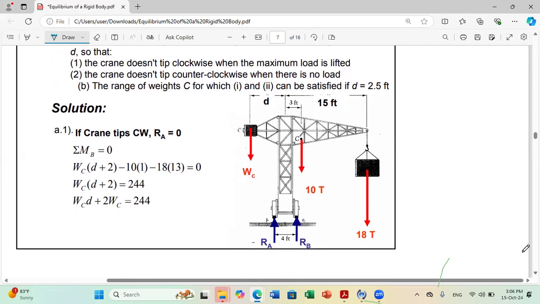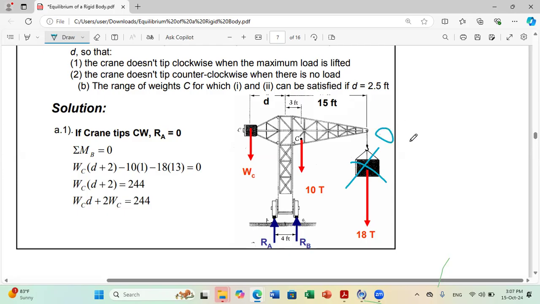You see these structures a lot in order to lift objects. And these structures should be carefully designed. Why? Because you have two extreme conditions. What are the extreme conditions? If I don't put any load, so if I'm not using my crane, I have zero load here, okay?